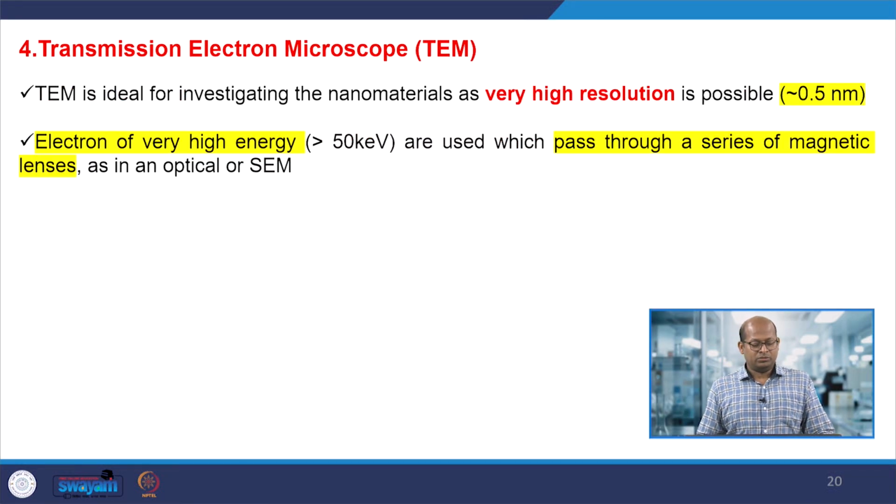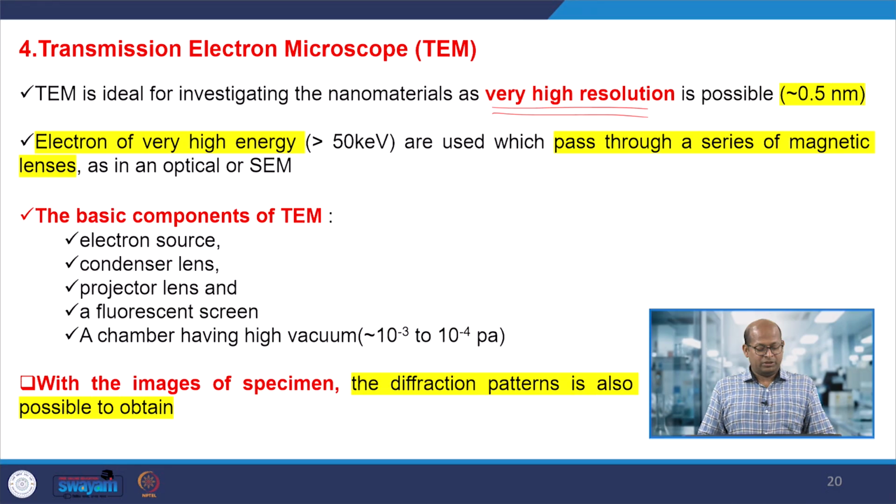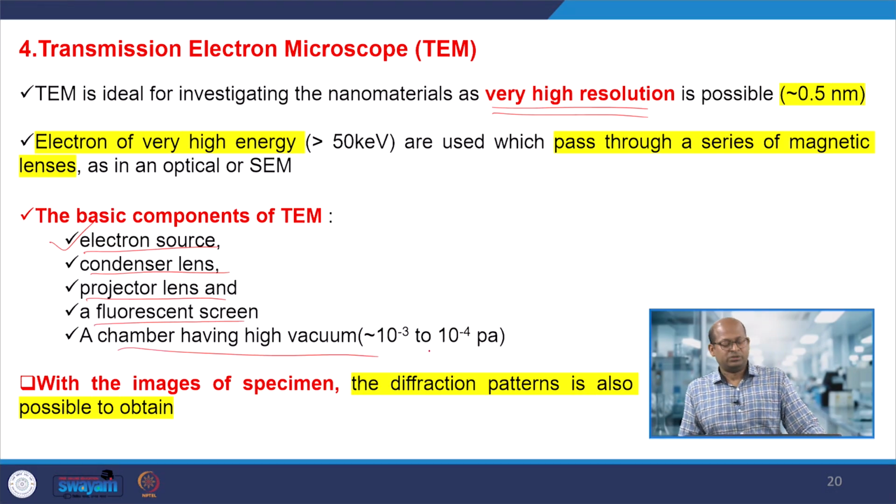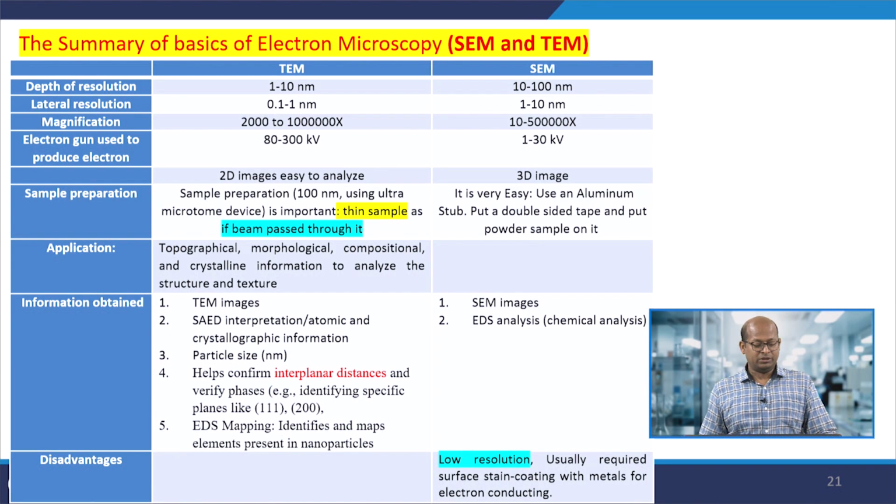In TEM we get high resolution, and the basic components are the electron source, condenser lens, projector lens, fluorescent screen and high vacuum chamber. These are the basic components you have to use for the analysis.